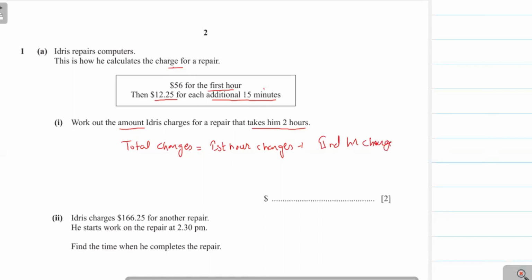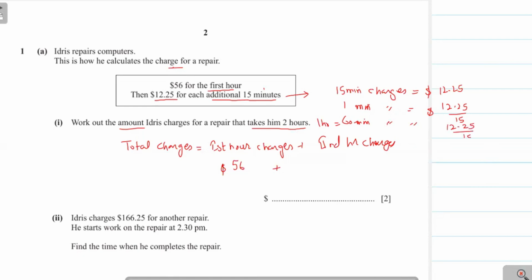The first hour charge is $56, and for the second hour, the rate for 15 minutes is $12.25. So the 1 minute rate will be 12.25 divided by 15, and the 60-minute charge will be 12.25 divided by 15 multiplied by 60, and this 15 times 4 is 60.